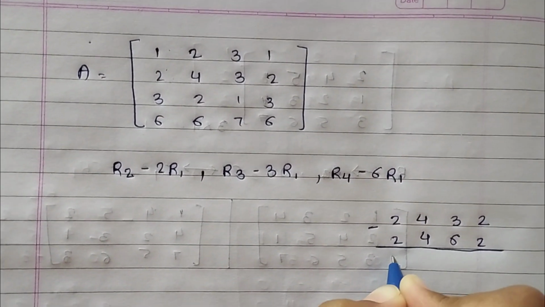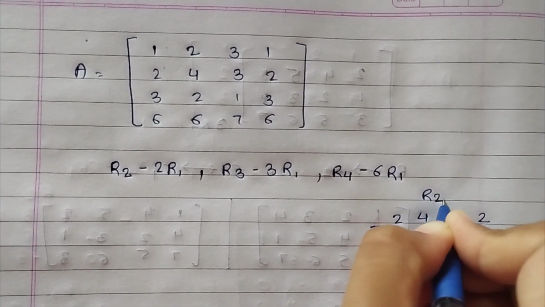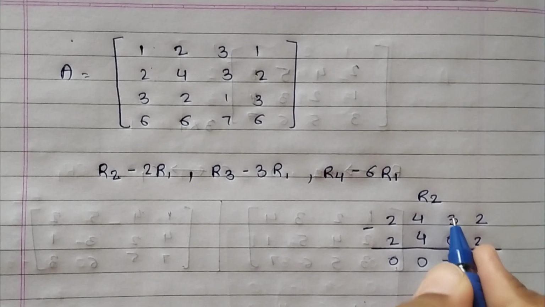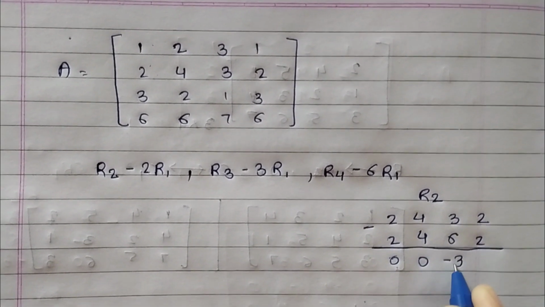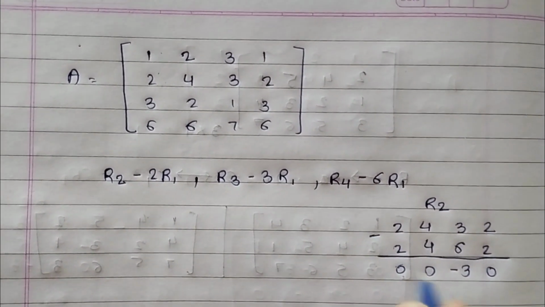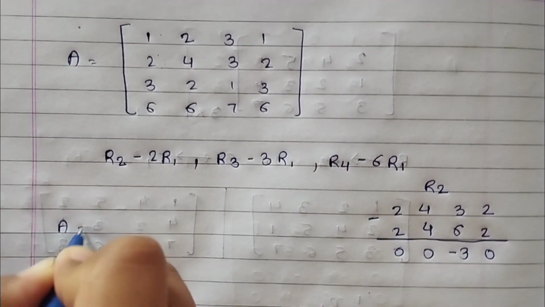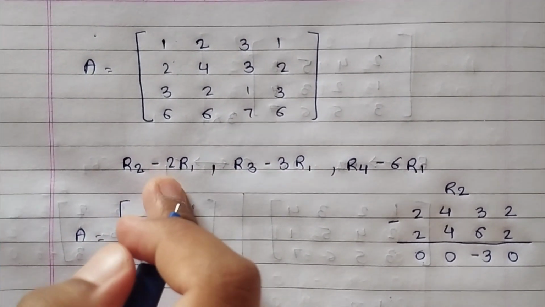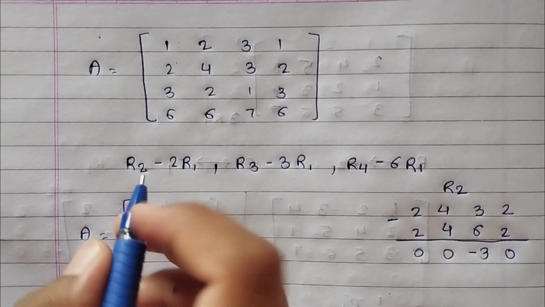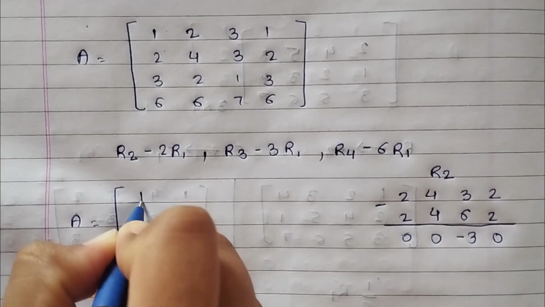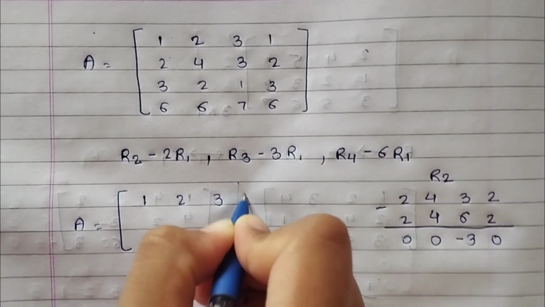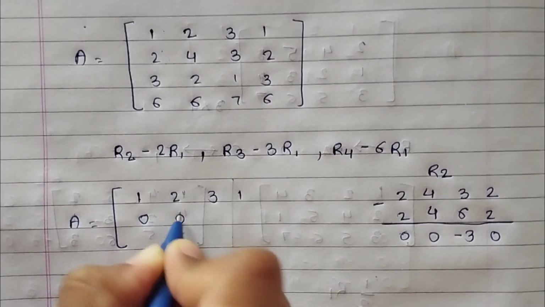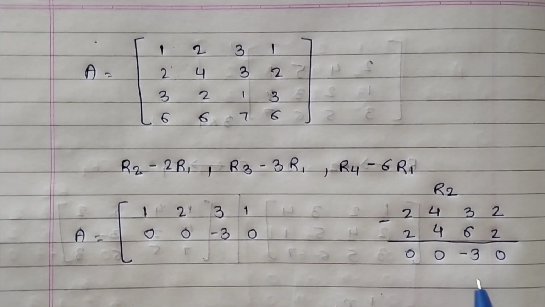So the answer of R2 is now 0 0 minus 3 0, because 3 minus 6 is minus 3. First row as it is, because we do not perform any operation on R1. So R1 we write as it is, 1 2 3 1, and the second row now 0 0 minus 3 0.